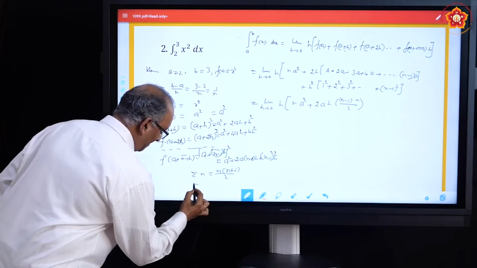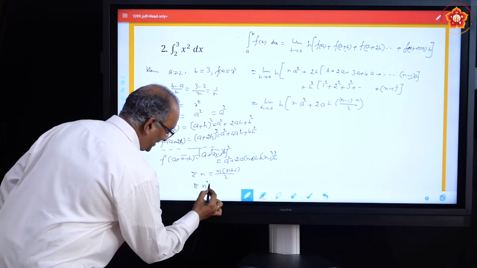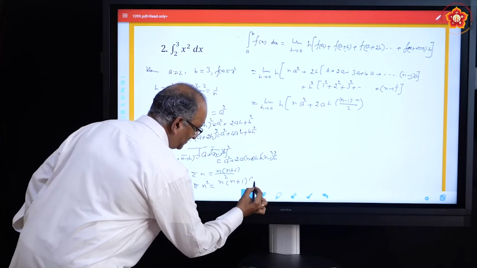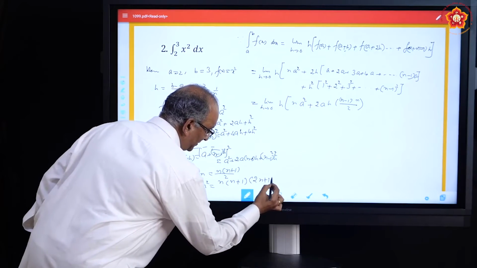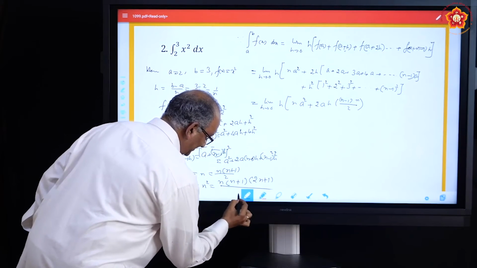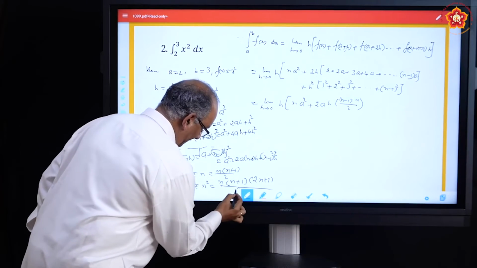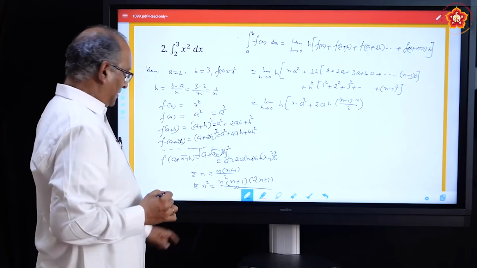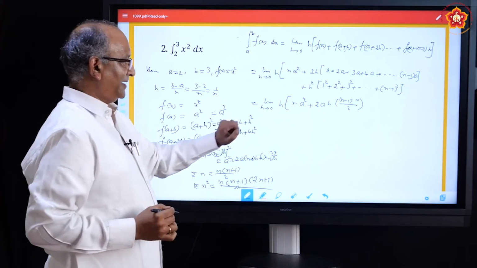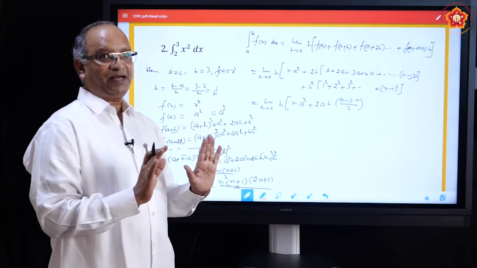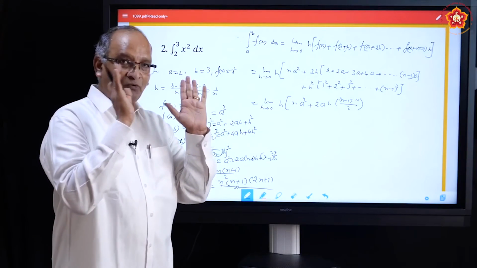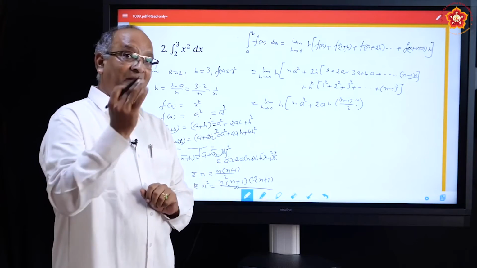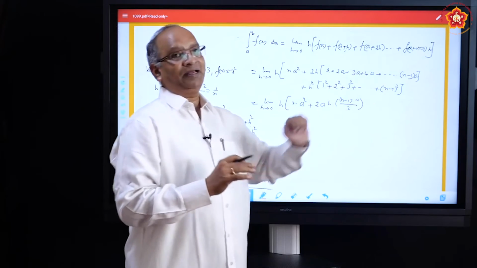Similarly, sigma n square is equal to n into n plus 1 into 2n plus 1 by 6. So we will be using this formula there. Only difference is, instead of the sum of squares of n natural numbers, it is the sum of squares of n minus 1 natural numbers.